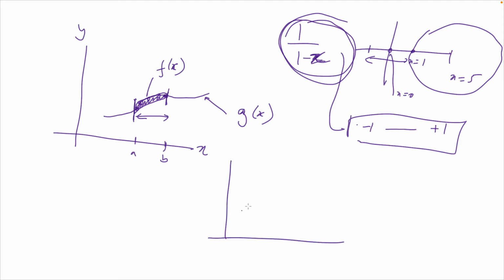Well, just to give you a quick intuition for when it might not be. Suppose I've got two functions which only agree at a and b, only at a and b. So f might be like this, and g might be like this. Now they do agree on a and b, but they're not the same.